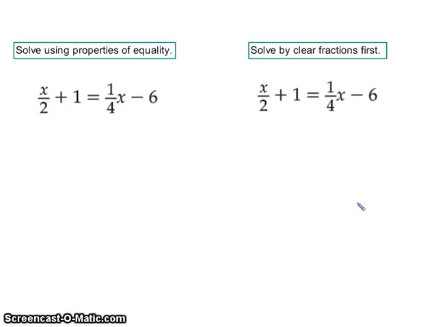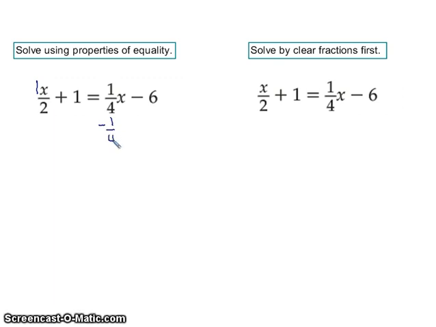Sometimes there are many ways to solve an equation, and that's what makes math really exciting. There are multiple ways to get to the same answer. So let's try a couple of different methods. Remember that there's a 1 in front of this x, so this is 1/2 x plus 1 is equal to 1/4 x minus 6. So I'm going to start with my variable term.